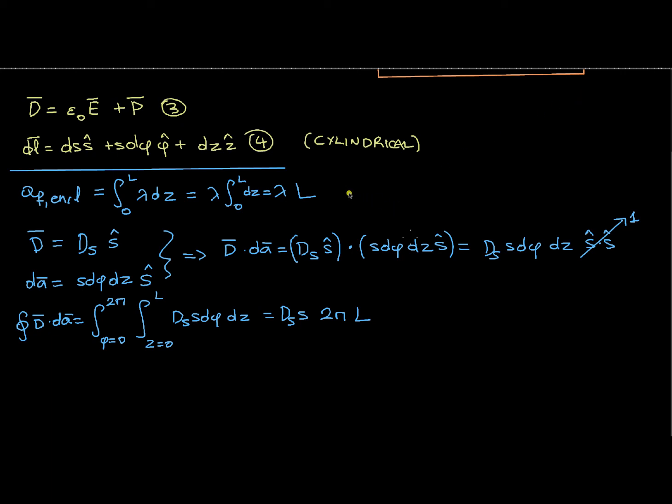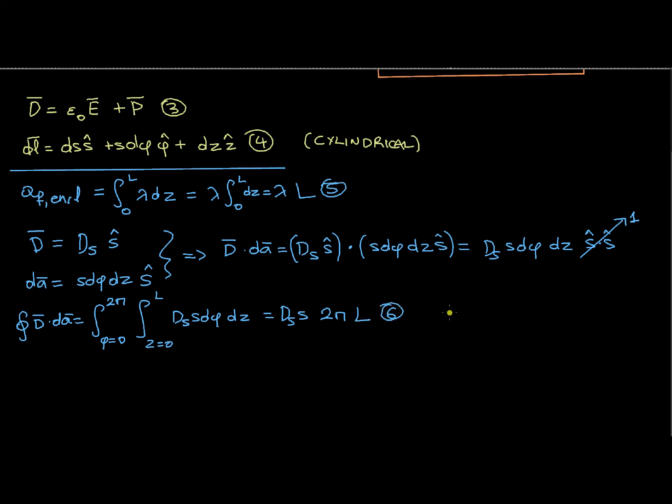Now that I have this result, I need to combine the result from the right side of equation 2 and the left side. So let's call this equation 5, and this equation 6.